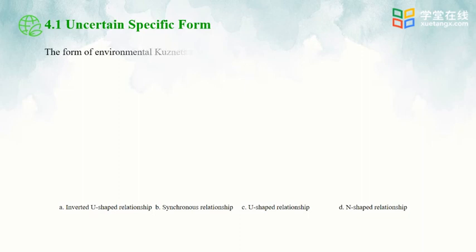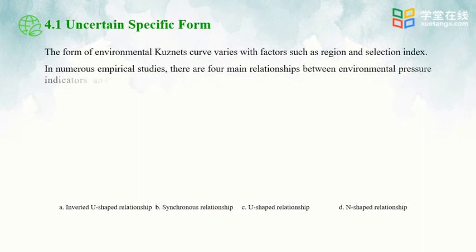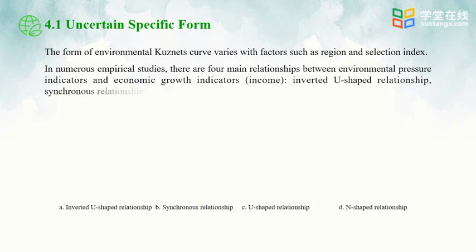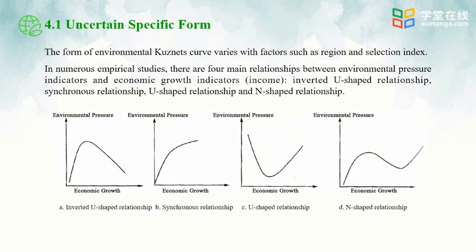For the first characteristic, as we have mentioned previously, the form of the environmental Kuznets curve is uncertain, and it varies according to the region, indicator, and other factors selected.